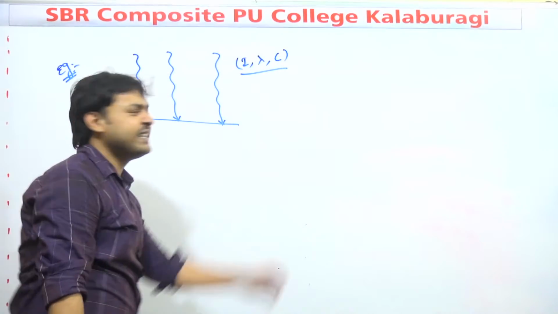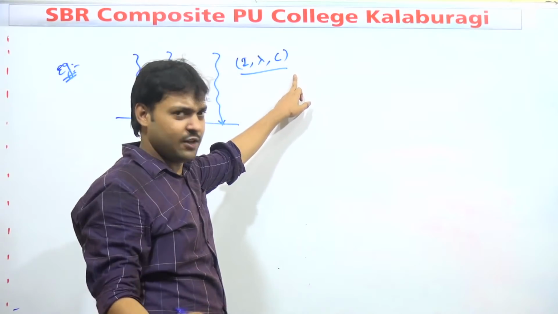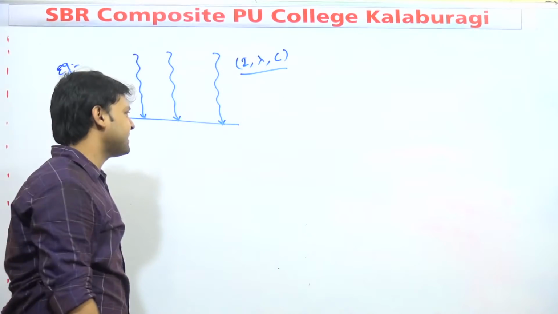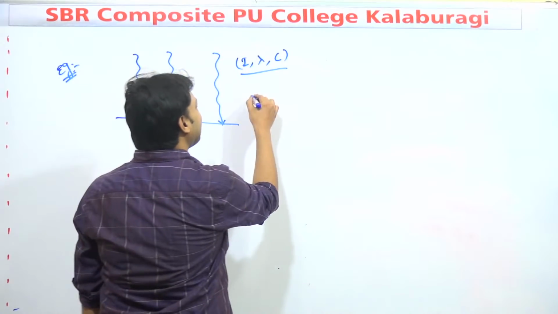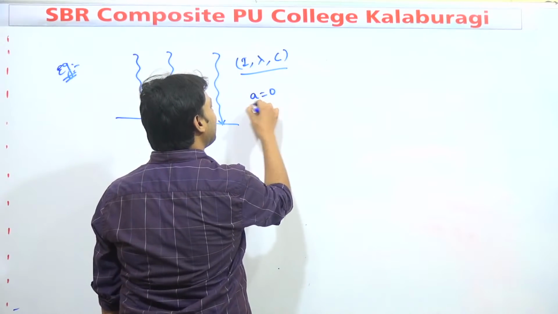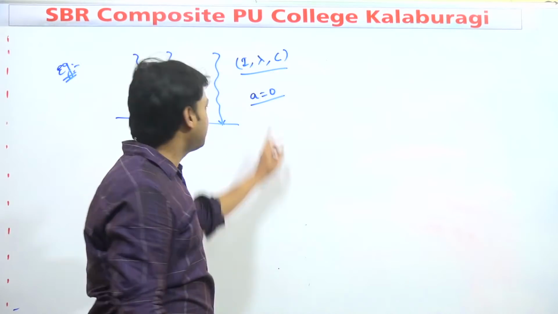So striking the surface, and the condition now, can I take it as A equals 0? What do you mean by A equals 0? So absorption is 0.